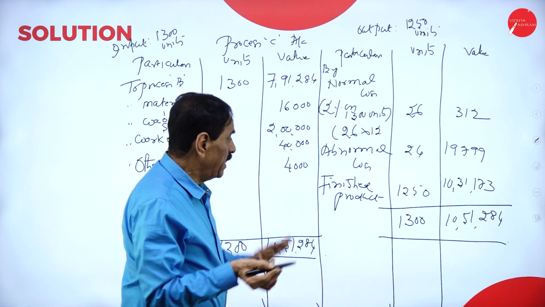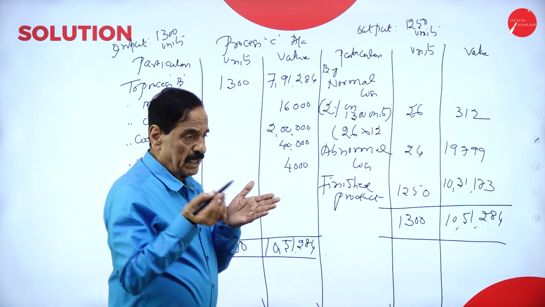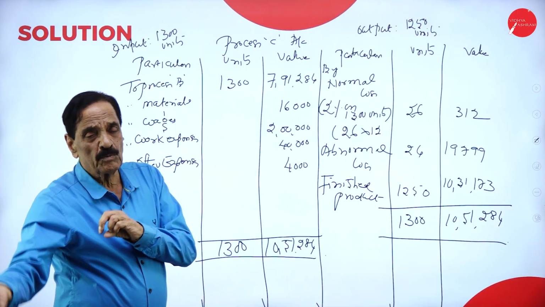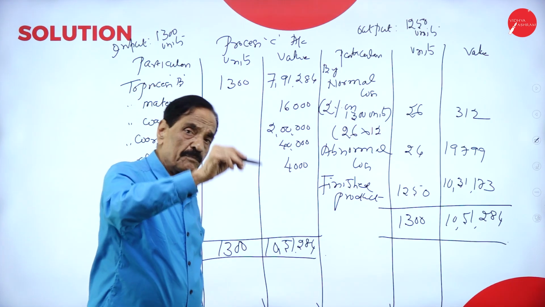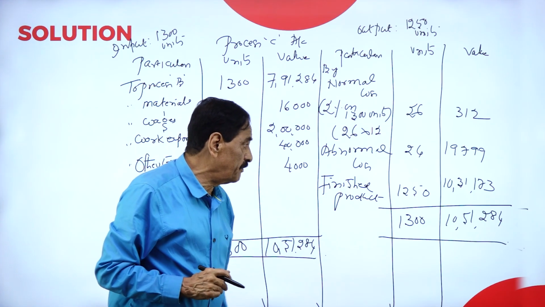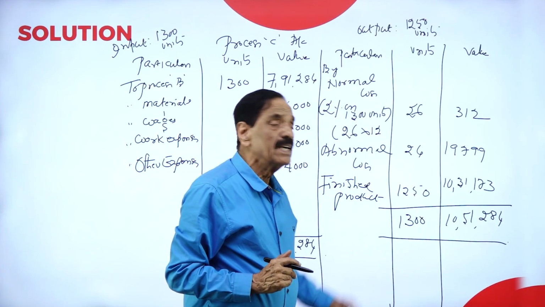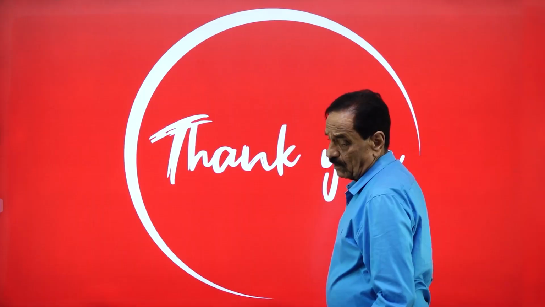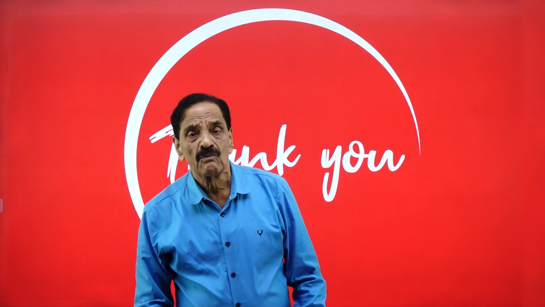So here we have got the three processes. The output of process A becomes the input for process B. The output of process B becomes the input for process C, where you get the finished product of 1,250 units, valuing 10,31,173.